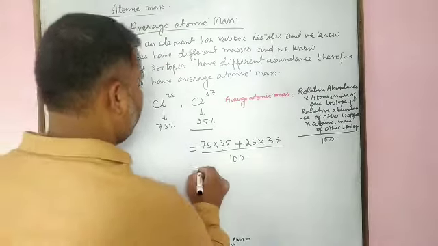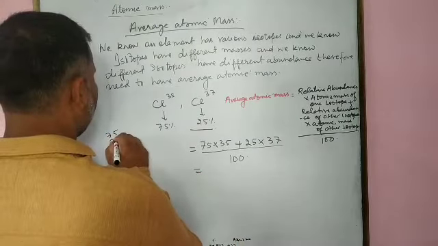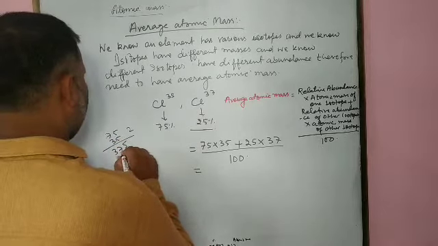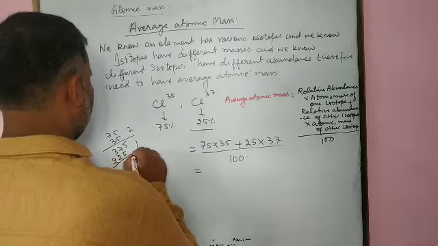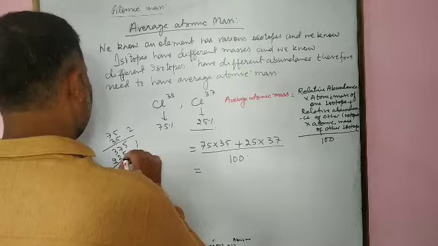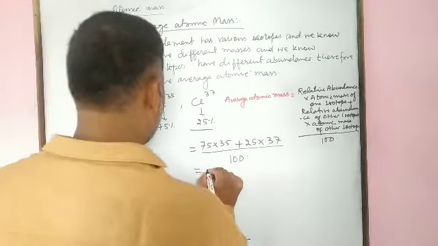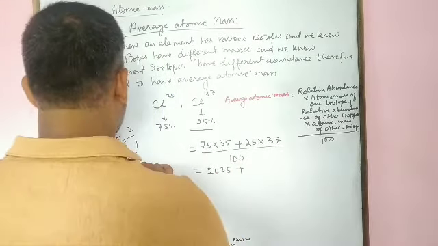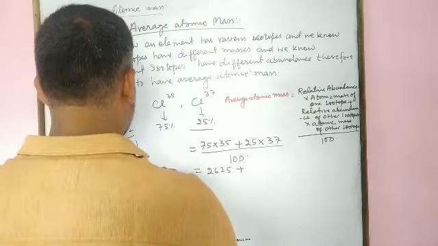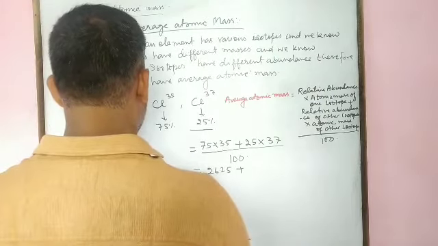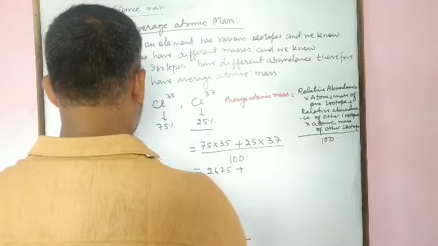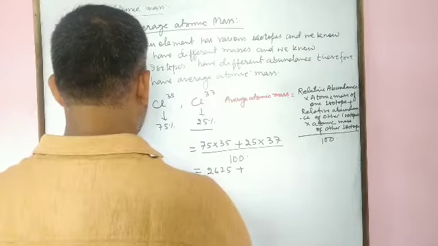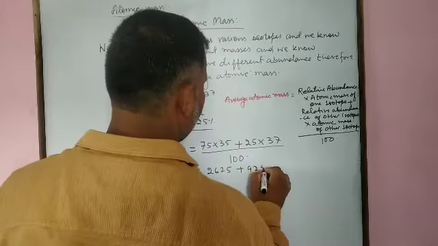What we got? We have 75 into 35, that is 2625, plus 25 into 37, that is 925.